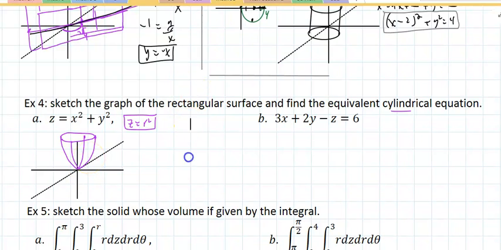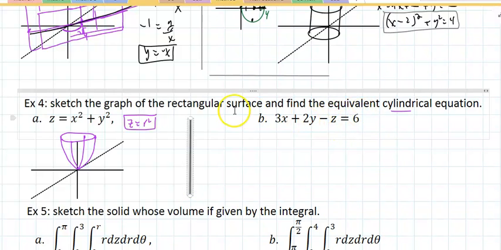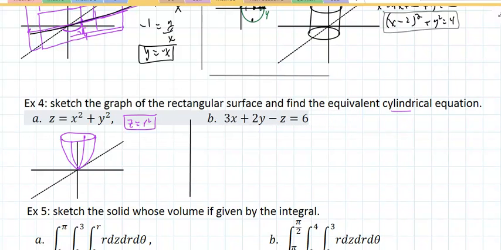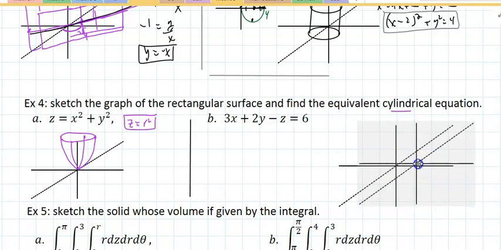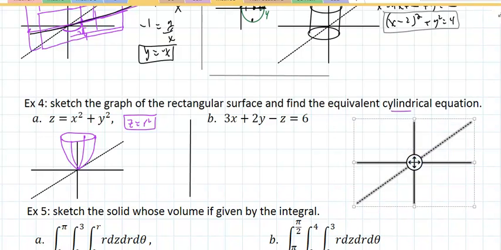That's not bad. How about this? This is a plane. We know what that looked like. Right? If I want to sketch a graph, well, I could. And the graph is a big deal for what's to come. So I notice that if x and y are 0, z is negative 6. If y and z are 0, x is 2.